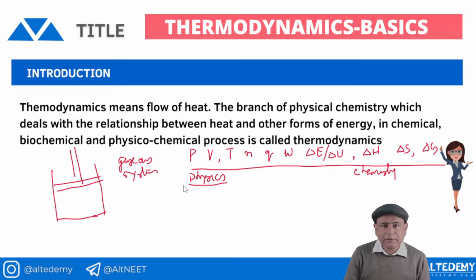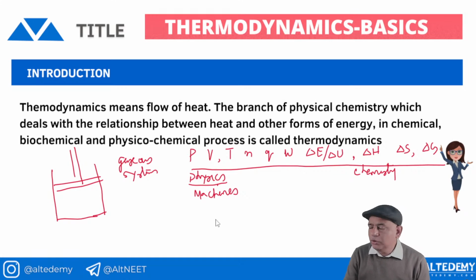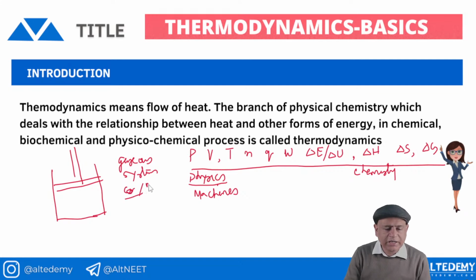In physics, normally they have machines in their mind. And you can look at any machine. What does a machine do? Like we have a car, motorcycle, whatever you might have seen. You put some petrol into it, give the ignition, and then it moves.